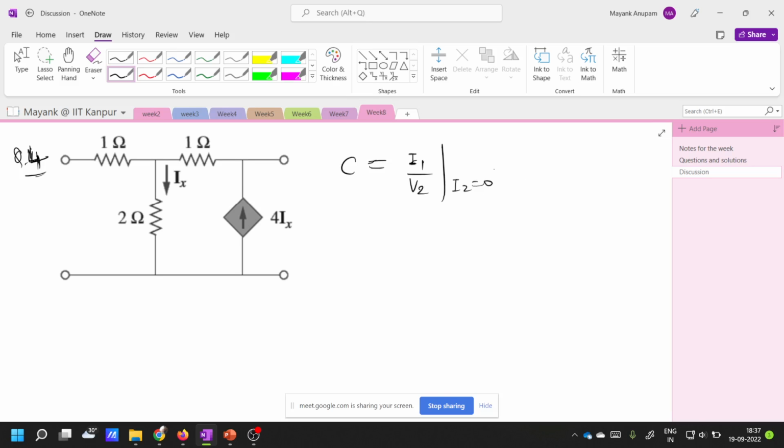So it's again the same open circuit. Transfer admittance from port 2 to port 1.